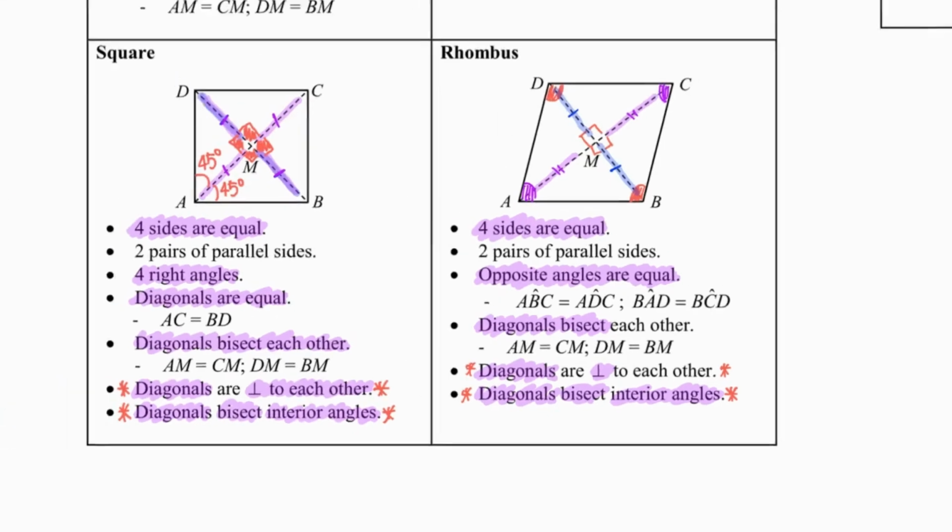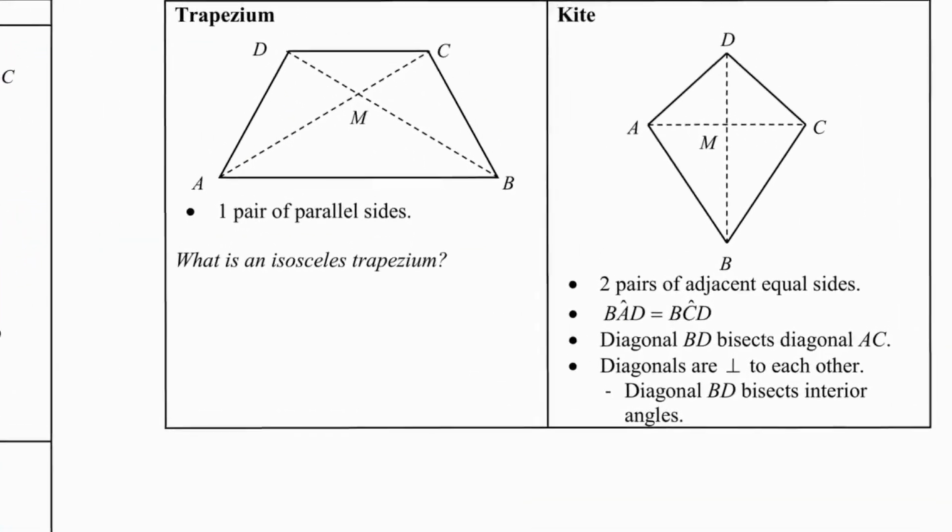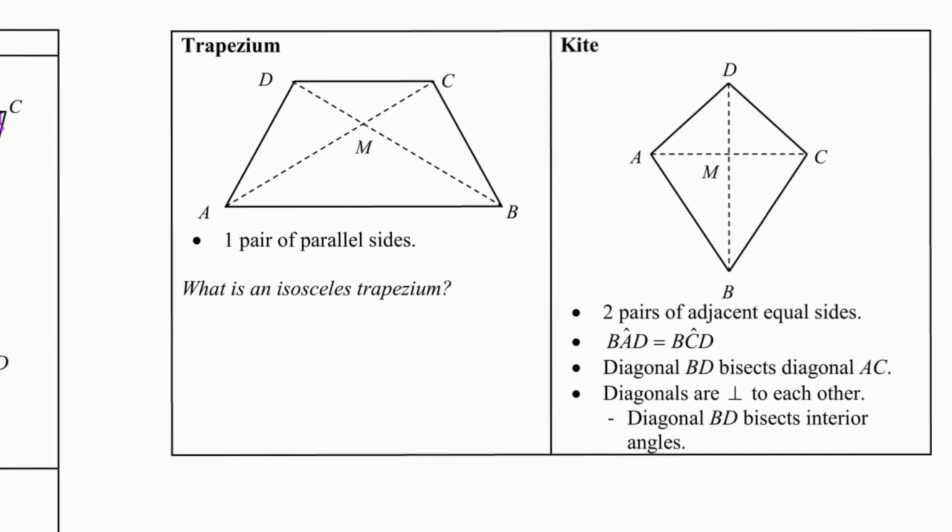Alright, last two for us to look through. And for trapezium, there's only one pair of parallel sides. So in this case, this and this are parallel. Okay.